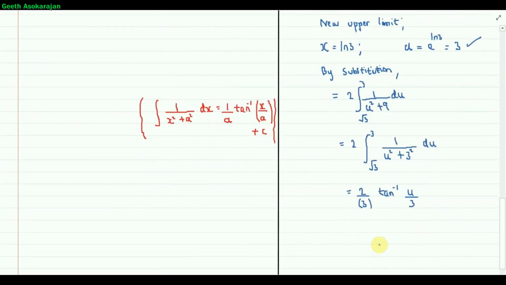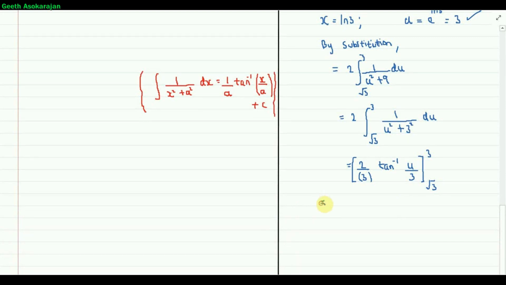And we can apply that to our limits, keeping this 2 inside. So let's apply our limits of root 3 and 3, these are the new limits.